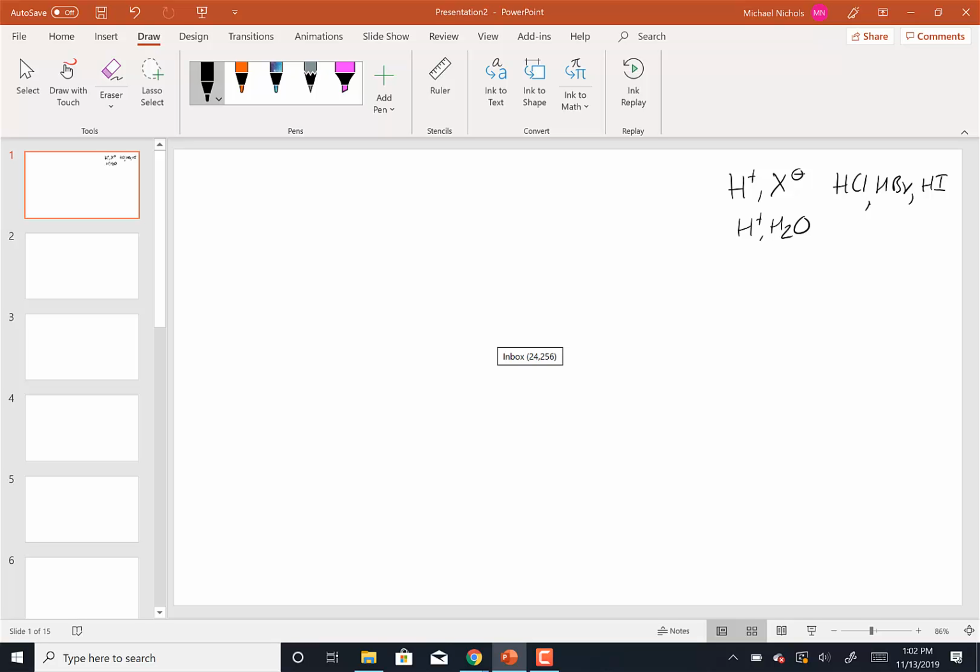Sure, let's do a practice problem. Practice problem number 1. Let's go ahead and add HCl to that alkene. And so what would be the major product of that reaction?